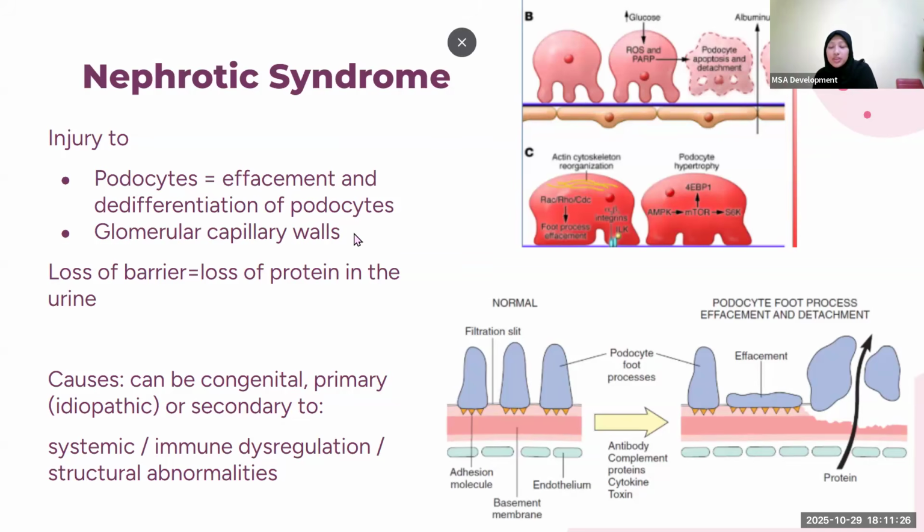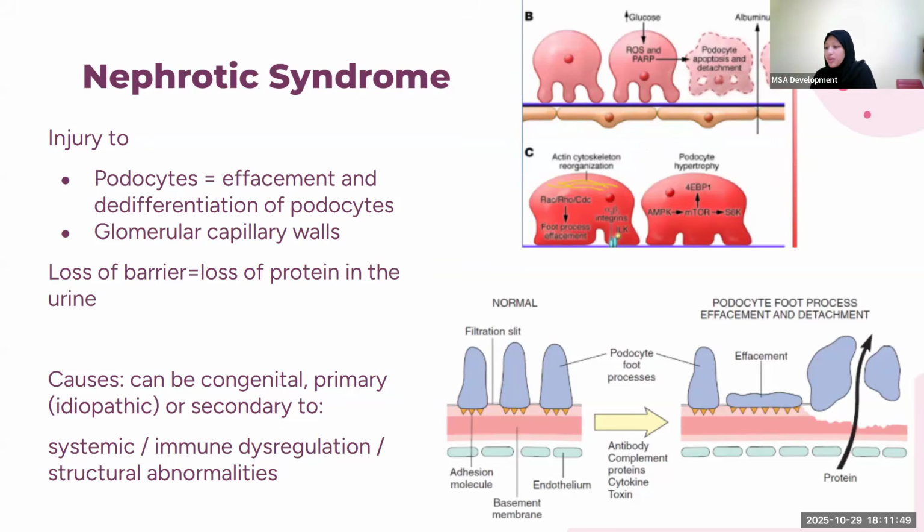Again, most of these are primary causes, meaning you don't know why the damage happened. But this is just one of the reasons. So having high glucose and reactive oxidative species can be damaging to a lot of other things.